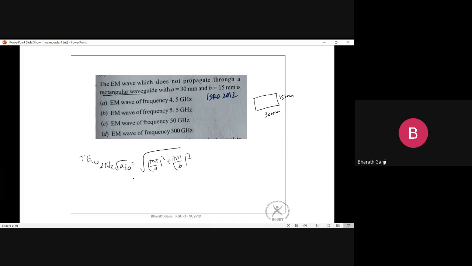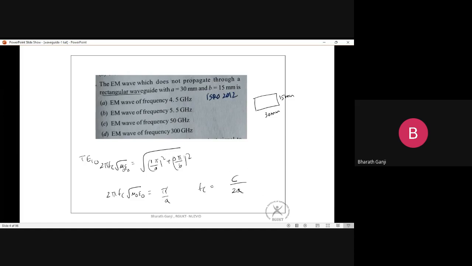If you have free space, then it is mu naught epsilon naught, and because I'm taking m as 1 and n as 0, I get 2 pi fc square root of mu naught epsilon naught is equal to pi by a. So here pi cancels out, so your fc is simply 1 by 2a times 1 by square root of mu naught epsilon naught, and this is nothing but c.